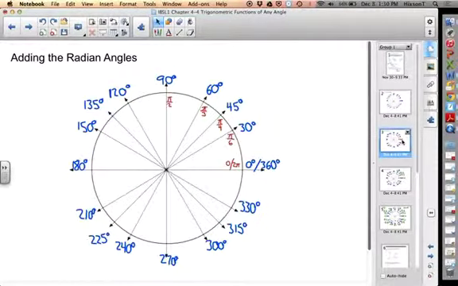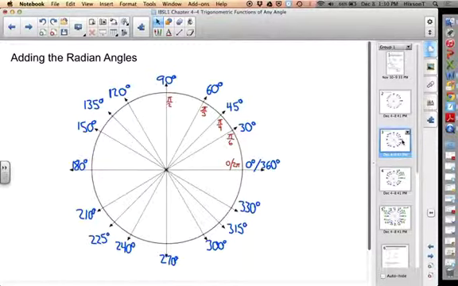You already know the first quadrant for your radians as well. So now, instead of adding 45s, what are we going to add this time?